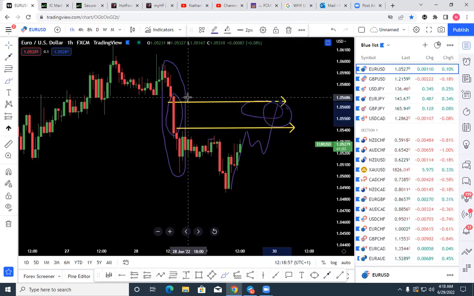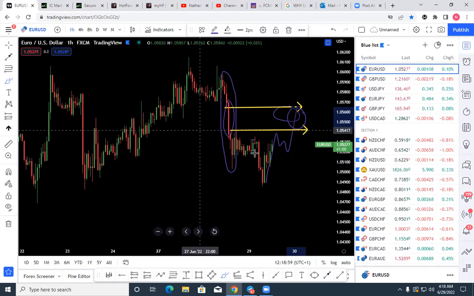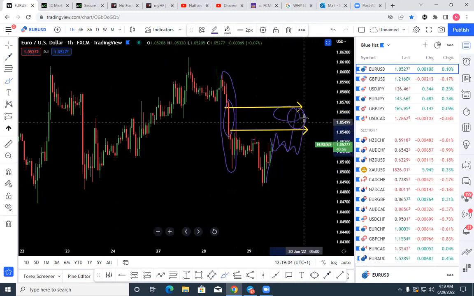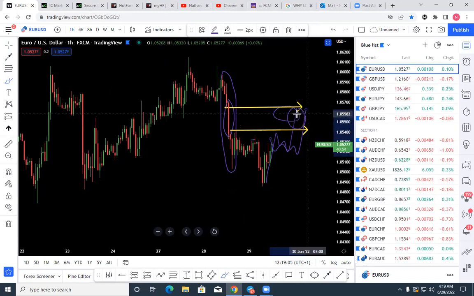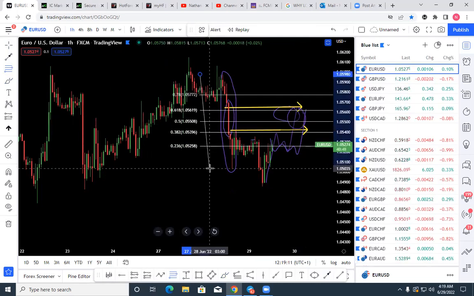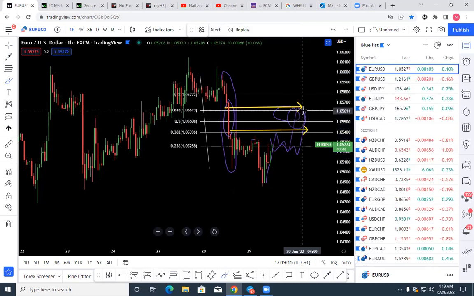So all we have to do right now is to wait to see if this market can give us a corrective structure here and push up. Once you push up and get to this structural area, when we take the fib of this impulse, if we are able to get entry here, remember, here must be within London or New York session.